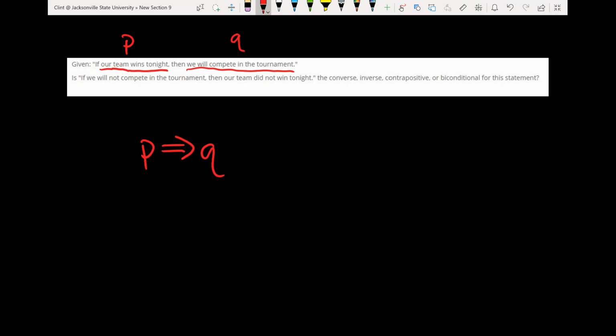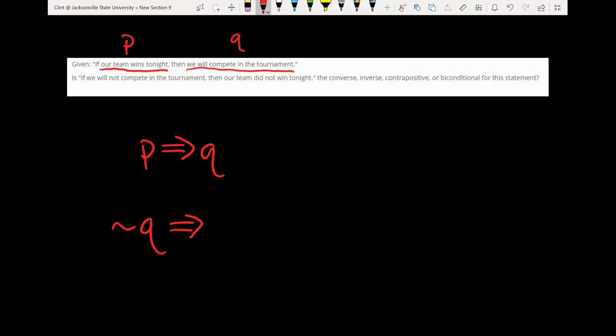So let's look at what we would have to do to change this into the statement it gives us. It says if we will not compete in the tournament. So not competing in the tournament is the negation of Q, right? Q was we will compete in the tournament. That's the if part, so it goes on the left side of the arrow.